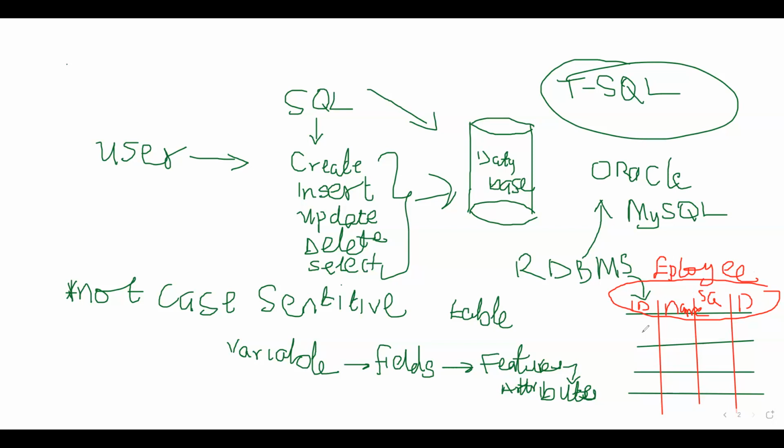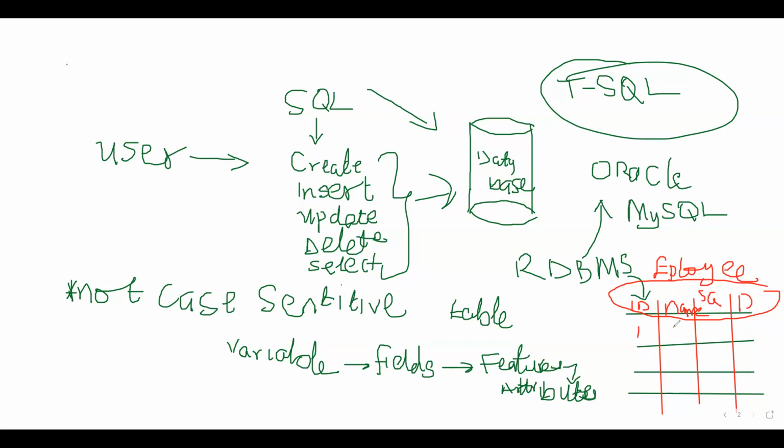Now, what is it about these columns, these fields, features, variables? These are the names used to store everybody's record. So when you come in, I could come here.